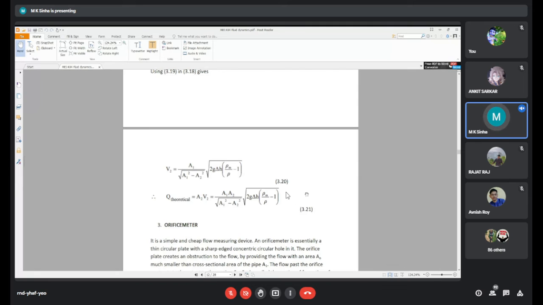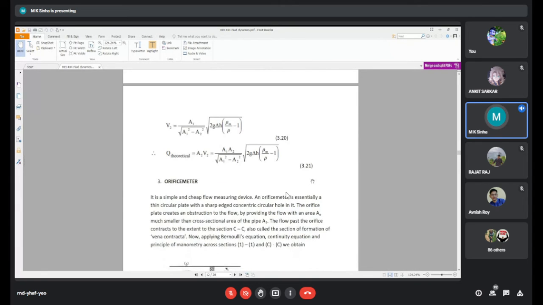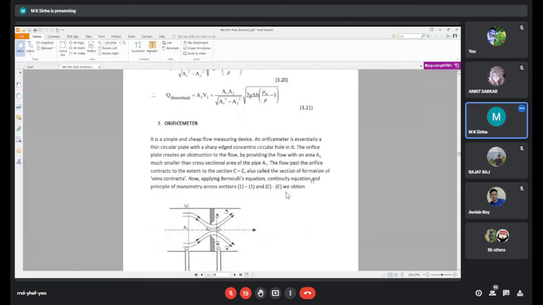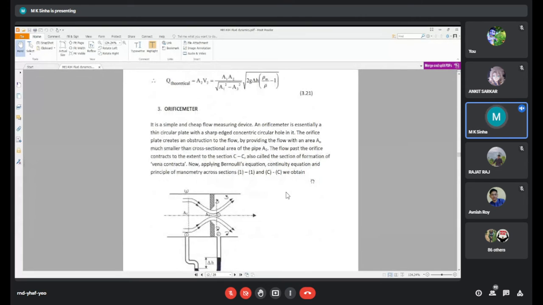And A2 is the minimum area, the throat area. The diameter you can measure. Del H, the difference in manometer height, and the densities of both fluids are all known. Then you can find the discharge. Such a discharge is not actual but theoretical. Actual discharge is somewhat lesser than the theoretical discharge.